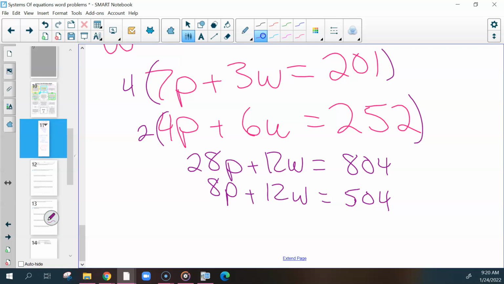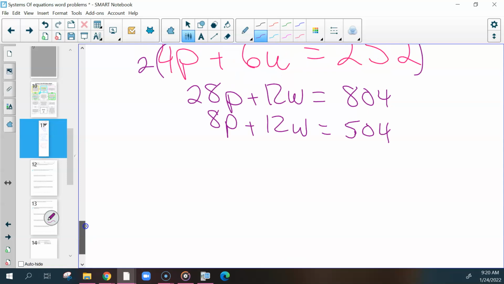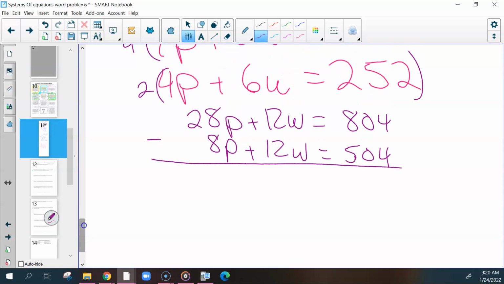Someone said it, but I didn't hear what you said. 504. Would we add or subtract here? Subtract. So this would give us 20P.